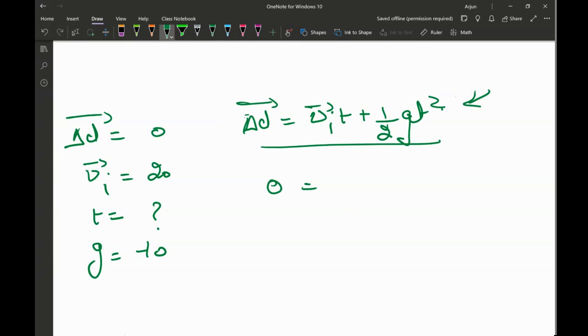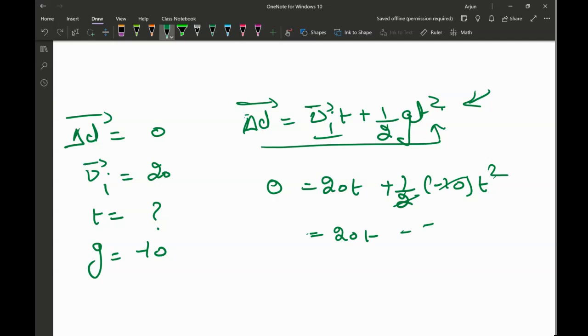So delta D is 0 here, initial velocity times time, which in this case is 20 times t, plus half times g value, negative 10, times t squared. So this is 20t.